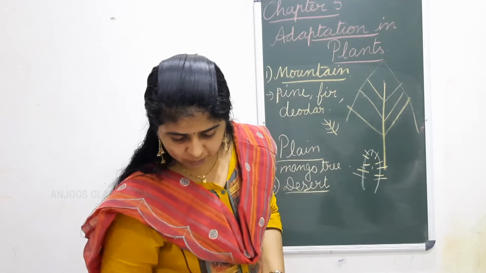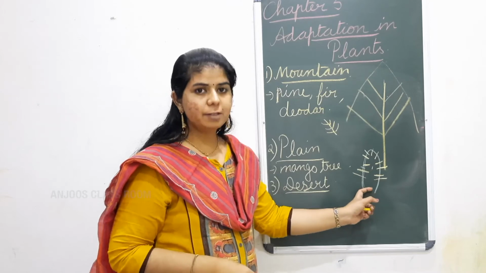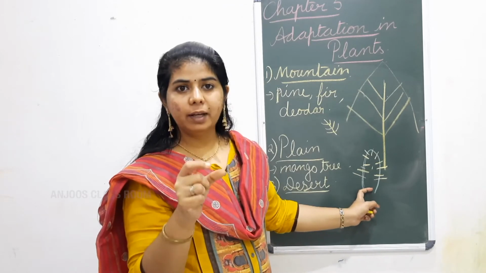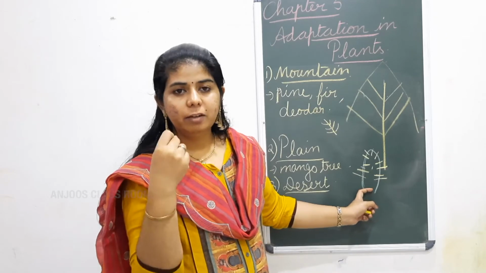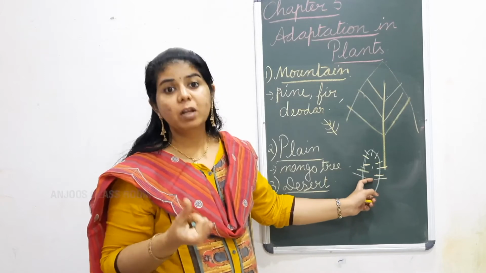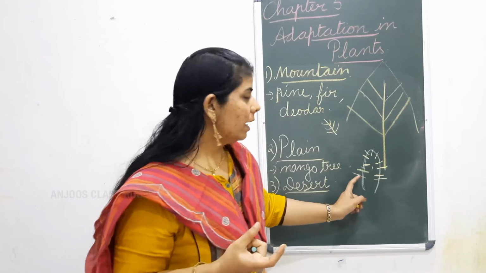So how are they able to live on it? So in this fleshy part there is water in it, and to protect the water loss, if anything is coming and biting on it, the water will be lost from that stem. So to protect that from the loss of water, who is helping it?